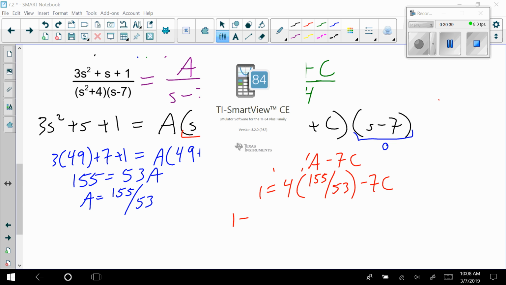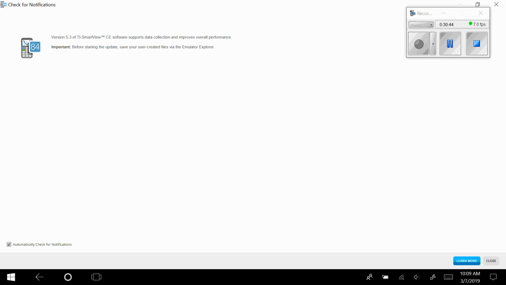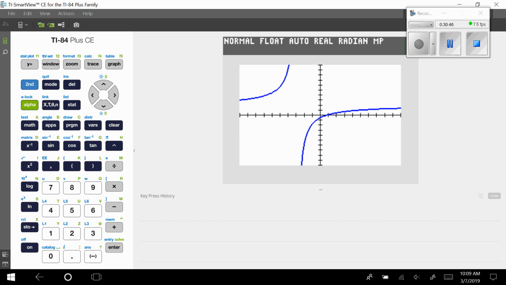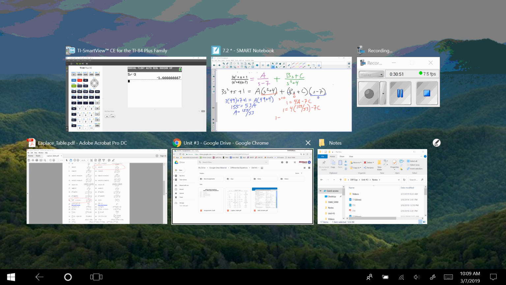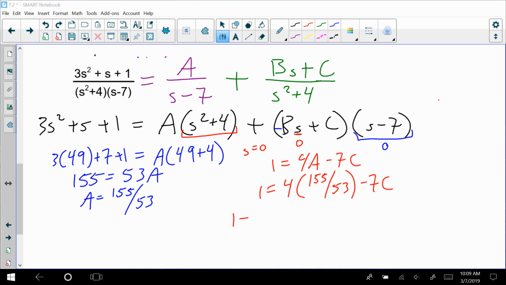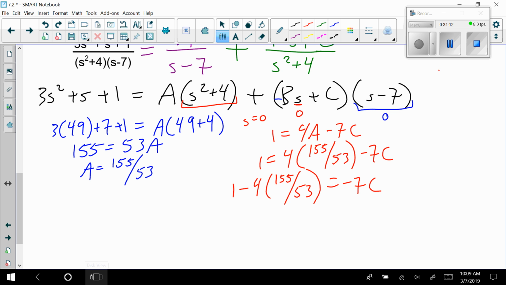I want to make sure that I do this math here correctly. I don't want to mess up just because of some small math. So here, we would take 1 minus 4 times 155 over 53, and that would equal negative 7C. So 4 times 155 over 53.